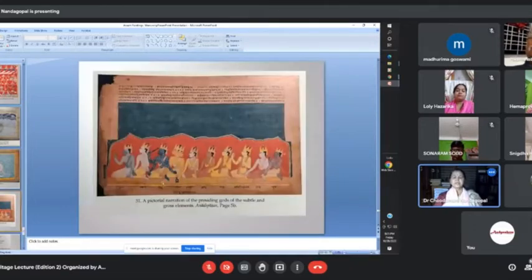So these are some of the pictorial narrations of Panchamahabhutas, presiding gods of all the natural forms, tanmatras, and all the others.